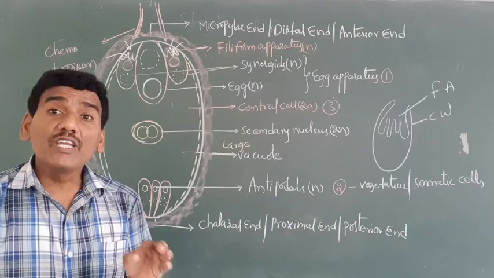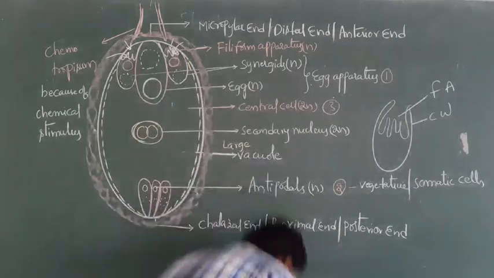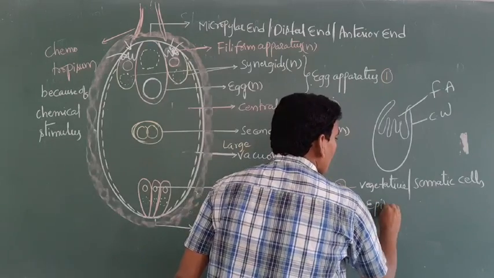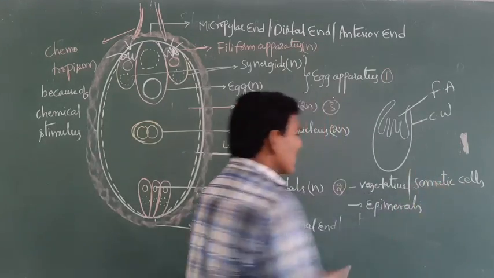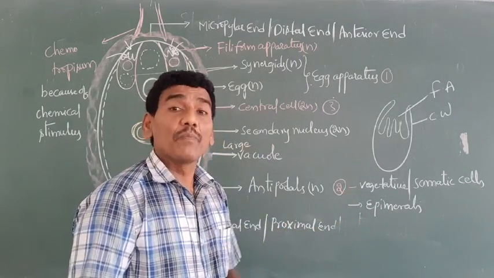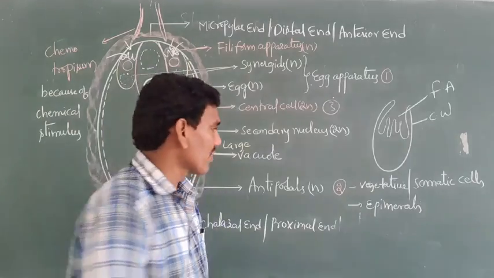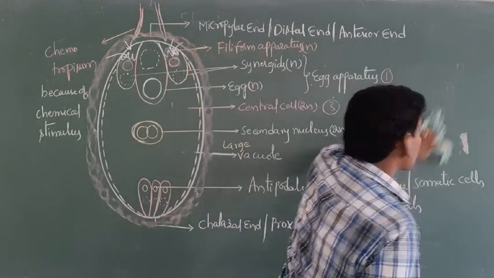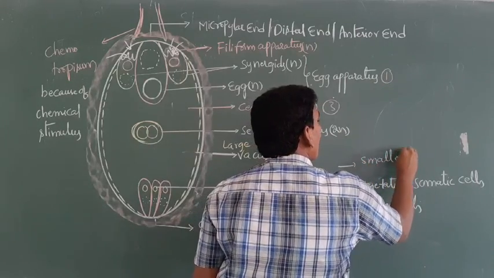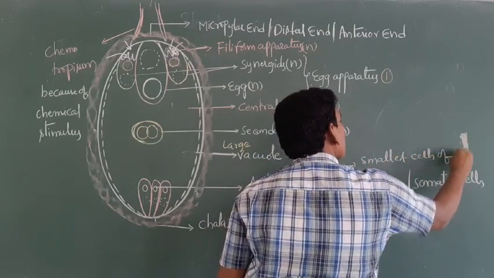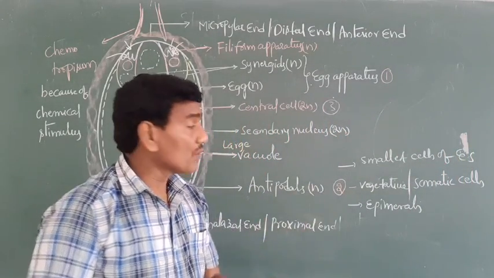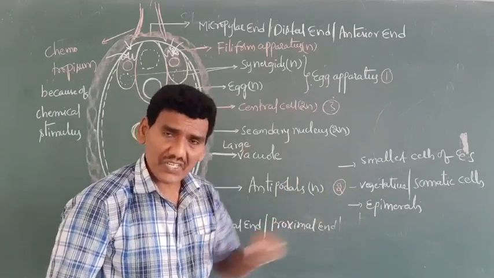Antipodals are ephemeral. What is meant by ephemeral? Ephemeral means short-lived. Antipodals are the smallest cells of the embryo sac. Antipodals degenerate before or after fertilization.